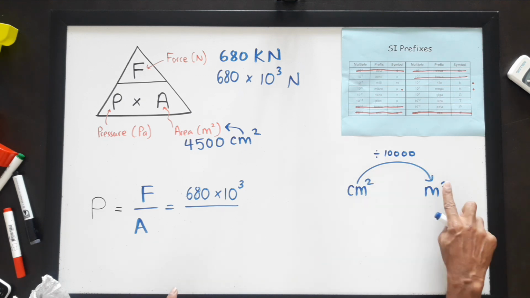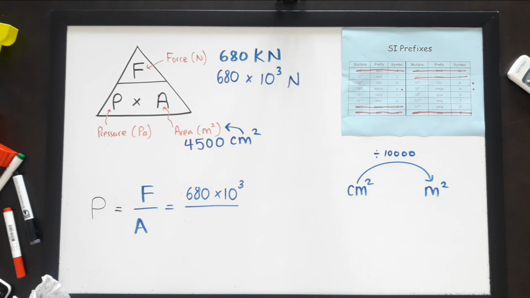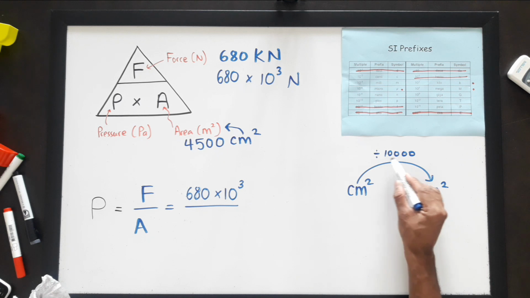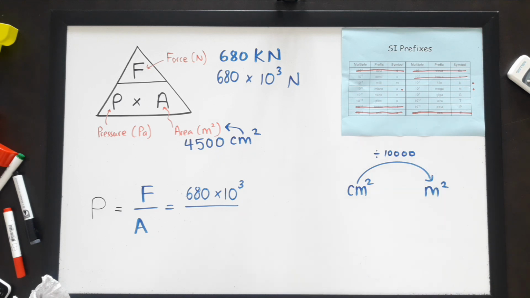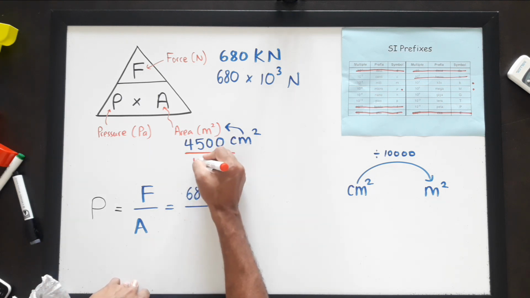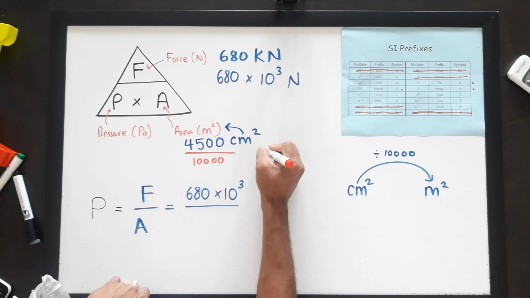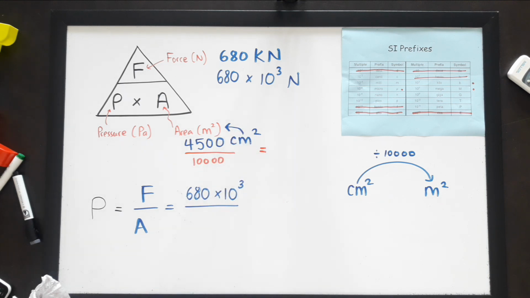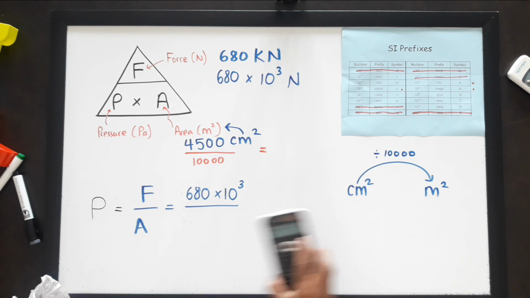If it wasn't squared, you would have to divide by 100. But when converting centimeter squared to meter squared, you divide by 10,000. You divide by 100 twice. So, this 4,500, before we move any further, we should divide it by 10,000 to convert it to meters squared, and then throw it into the formula.